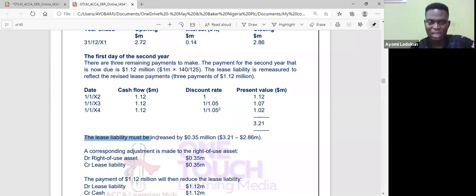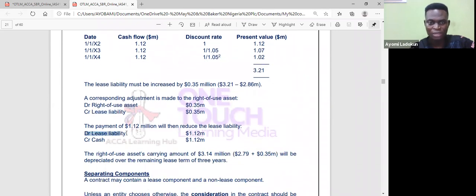So the lease liability must now be increased by 0.35. How do we get that? This 3.21 here and the 2.86 that we have there. So this figure, I post it straight to right-of-use asset and I credit lease liability. And cash payment, of course, because I paid, payment will now reduce lease liability.